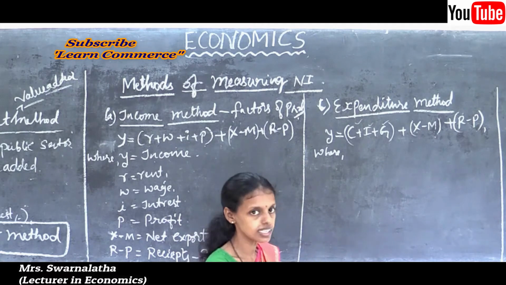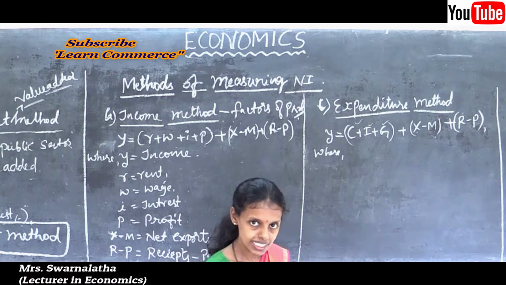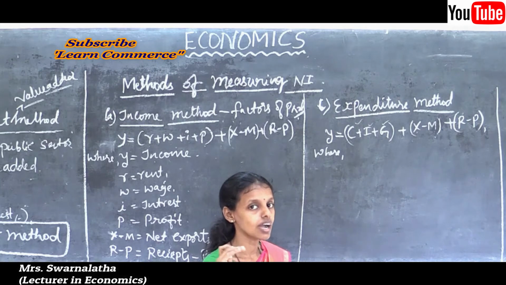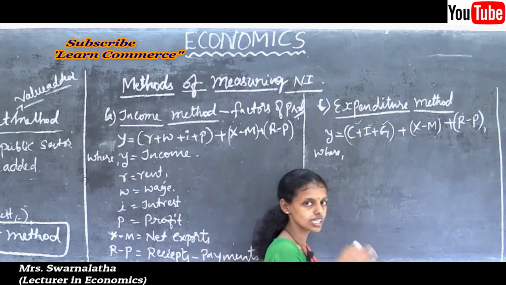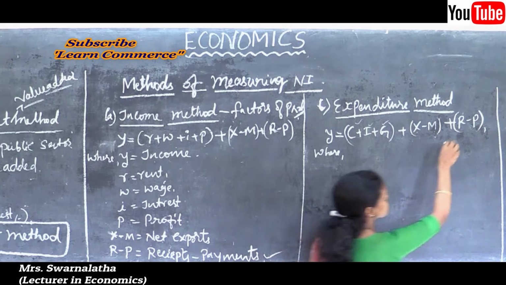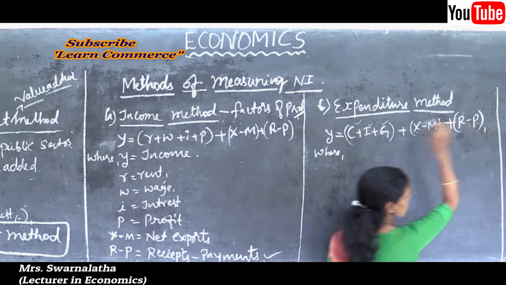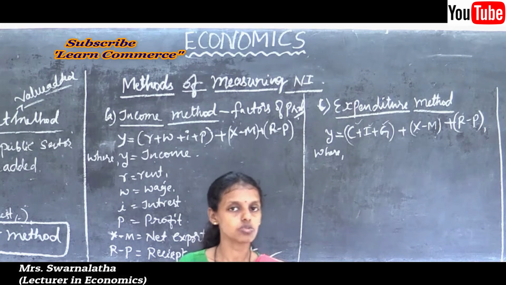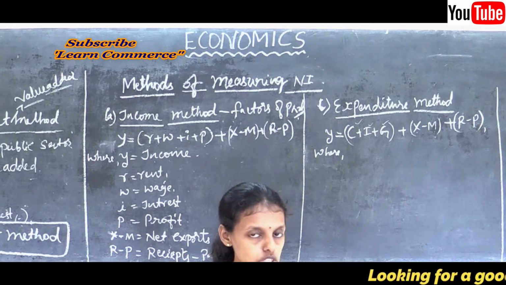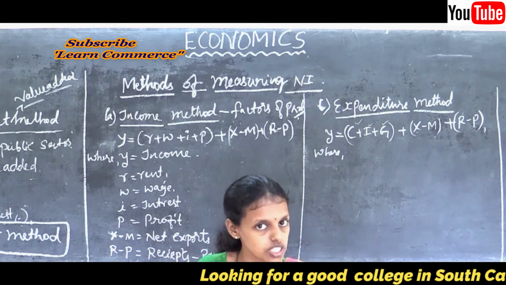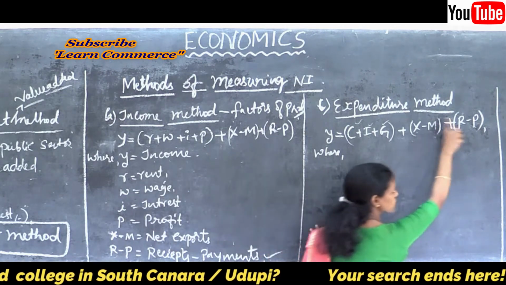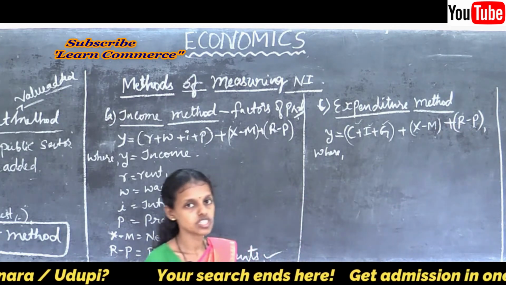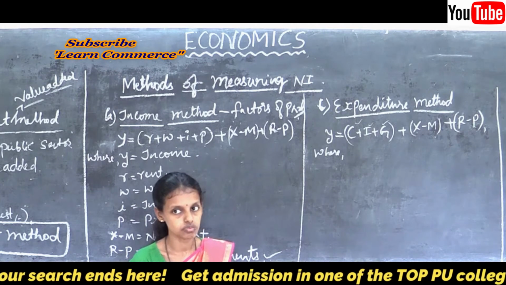Import values are deducted because imports are payments, not giving any value or income to our country. Plus R minus P, receipts minus payments: only the receipts, the exports, are considered while calculating national income, not the imports, because import is a payment made for the purchase of goods and services from the rest of the world.